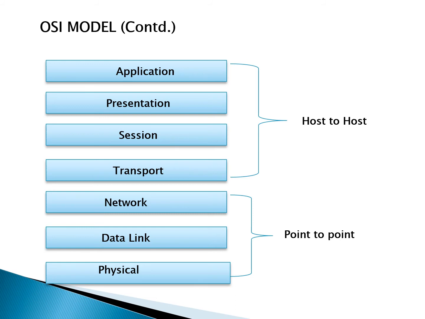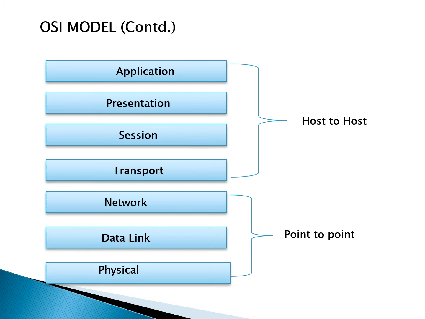You can see in this diagram that some of the layers are called host to host and some point to point. What does it mean? In the OSI model, the upper 4 layers, application layer, presentation layer, session layer, and transport layer, are called host to host or end to end layers. It means they exist only at the source and destination.